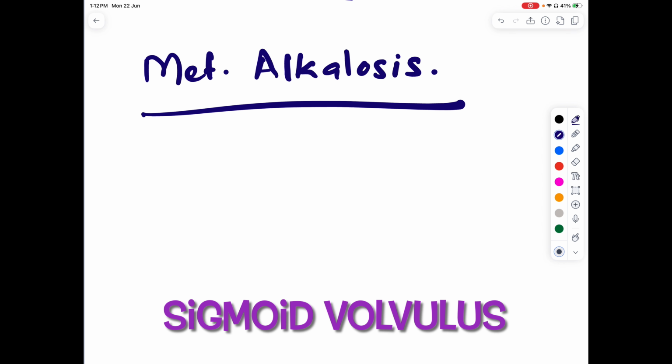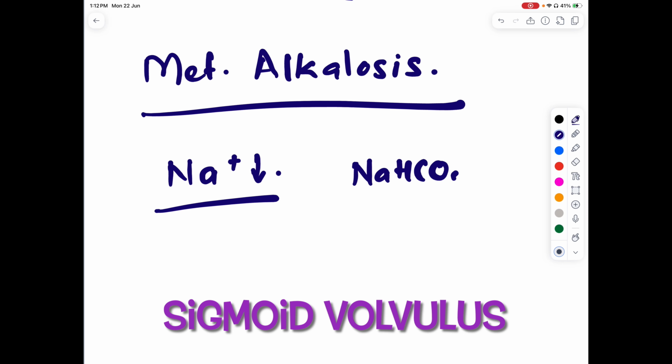Hyponatremia. So why is sodium low? The kidney excretes sodium bicarbonate to reduce the blood alkalinity, and sodium is also lost in the vomiters.